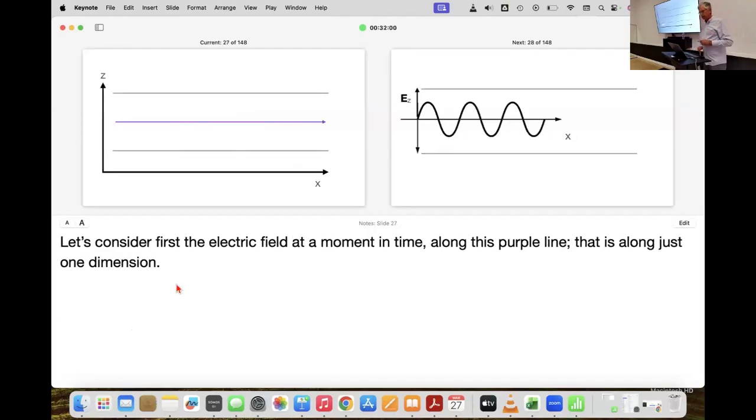Okay, so now we're getting somewhere. What we're going to do is imagine this wave shooting out the side of the capacitor in more or less one dimension, the x dimension. Remember we talked about sound waves, and I had you imagine the pressure waves going through a tube. Well, you can imagine that here, and we're going to look at the wave along a single dimension within that tube.